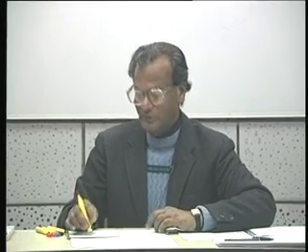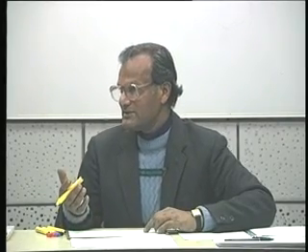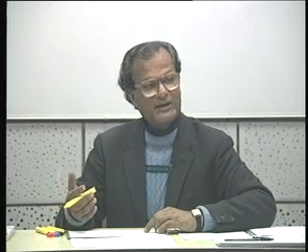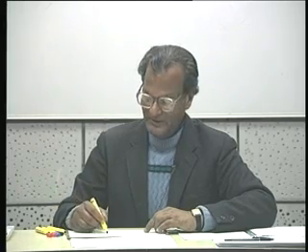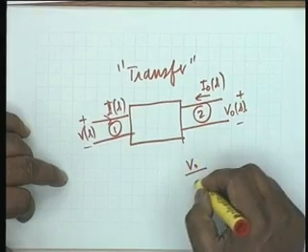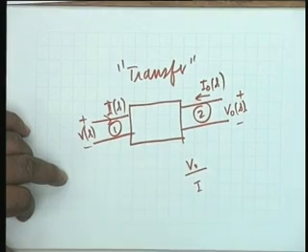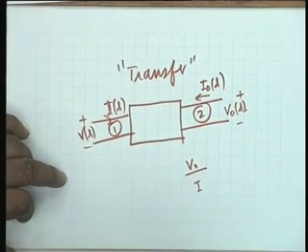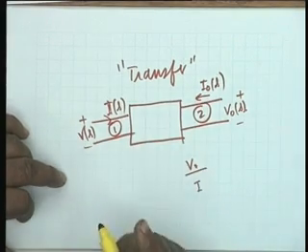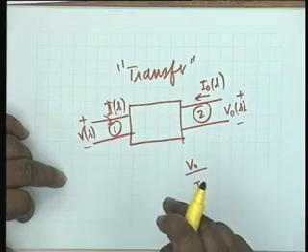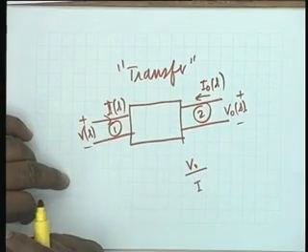If it is a ratio of voltages or of currents, then obviously it is dimensionless. But if it is a ratio of, let us say, V0 by I, then obviously the dimension is impedance, and it is called transfer impedance.